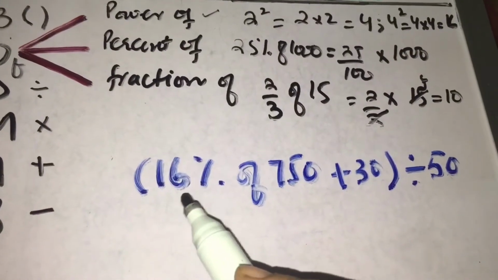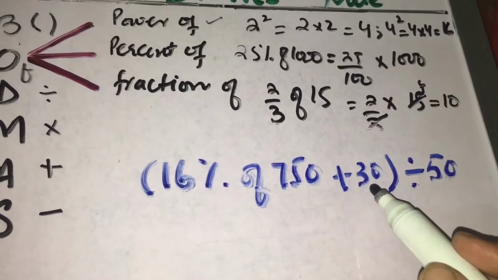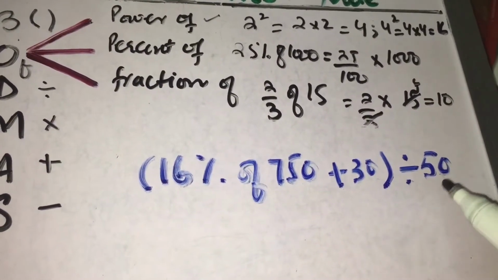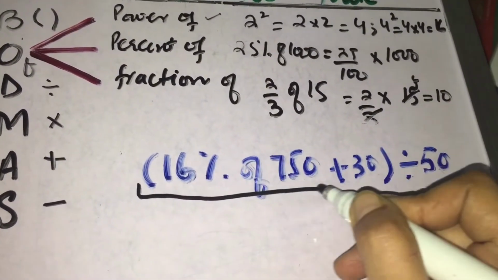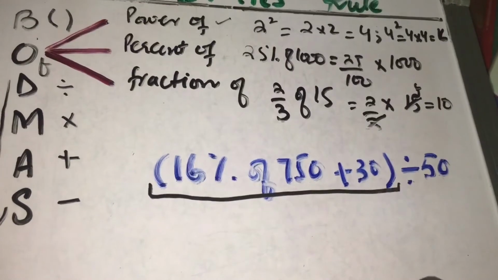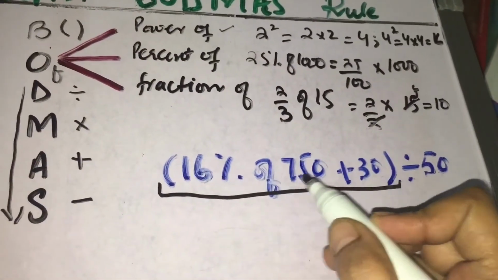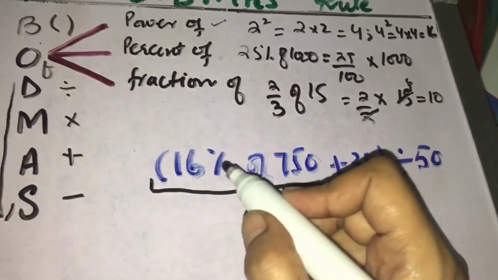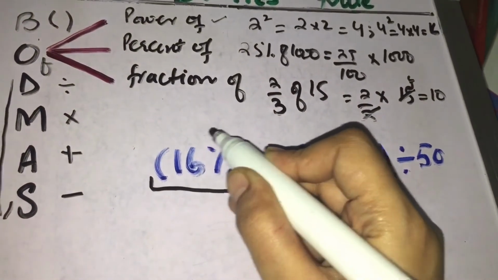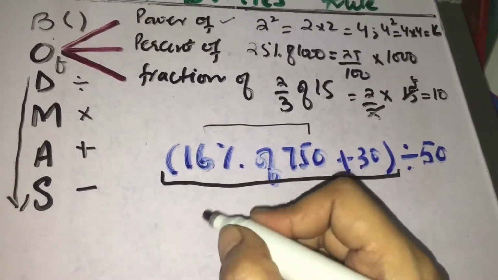Now the second example is 16% of 750 plus 30, divided by 50. Of course, first of all, I will consider this bracket. Inside the bracket it is 16% of 750 plus 30. Which operation will be carried out first? This operation will be carried out first: 16% of 750.